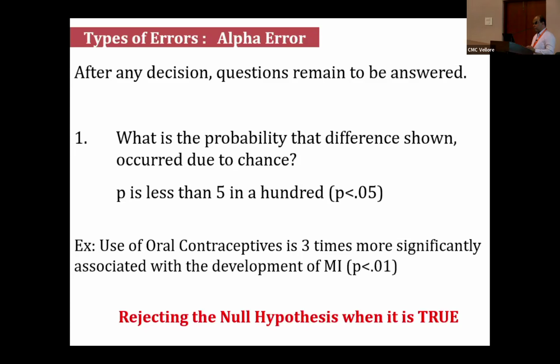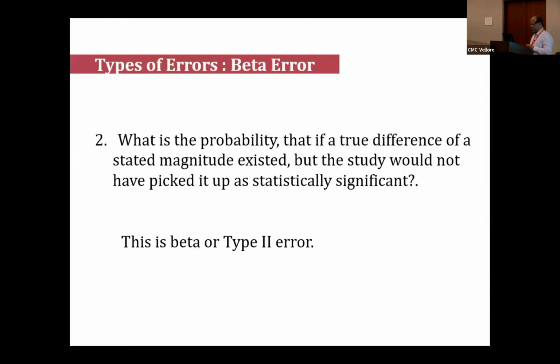Type 1 error is rejecting the null hypothesis when it is true, that is, in fact no difference, but we said there is a difference. If at all my conclusion is wrong, that is less than 5% of the time. This is a very important concept.